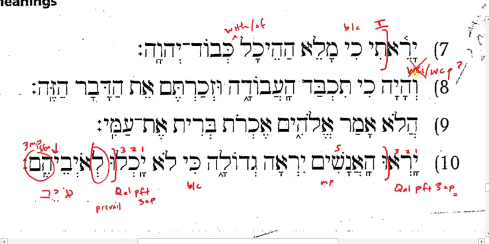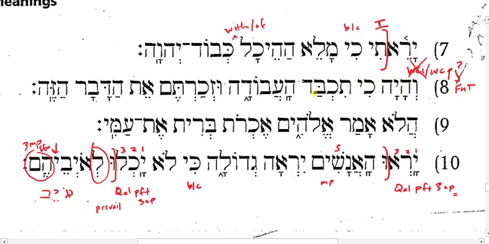Okay? It's got the regular vav. I think that's what somebody was saying there. It's got the regular pointing of the vav, and there's no nutty prefix. Okay? So this is a WCP, and that probably means that what it's signaling to us is that we have future action. Okay? We don't need to translate it. We just go to the next part.